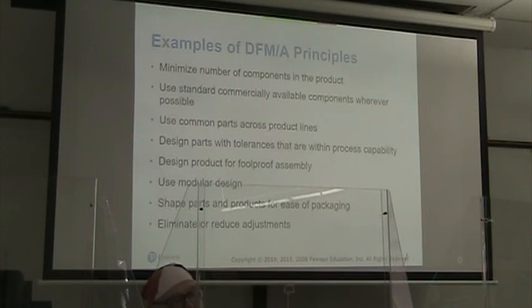Use standard commercially available components whenever possible, or COTS, commercial off-the-shelf hardware. Use common parts across product lines. We don't want to be making essentially the same part but with different features for different products. We want to use the same part.